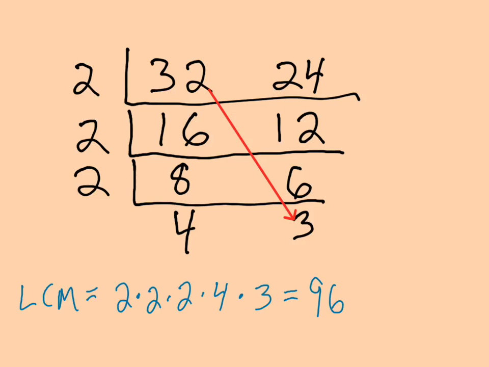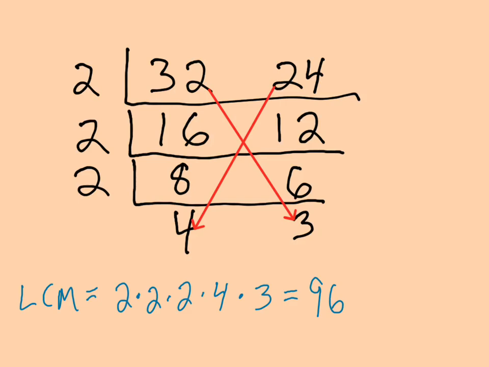And you probably figured out that the way we get from 24 to 96 is we multiply it by 4. And the way we got 96 was multiplying that whole L. So 32 diagonally down to the bottom times 3 is 96, and 24 diagonally down to the bottom is 4. 4 times 24 is 96.